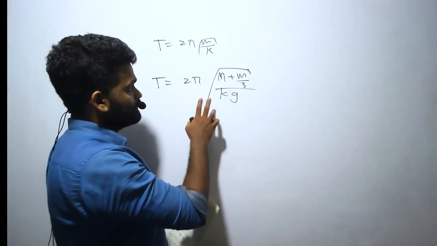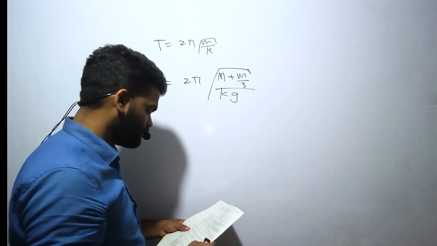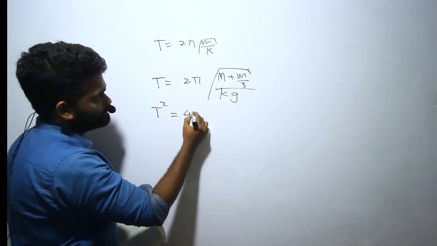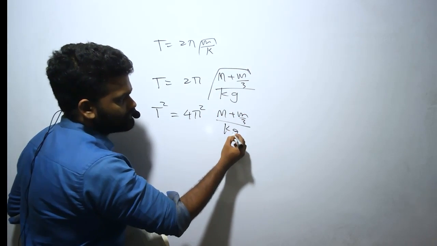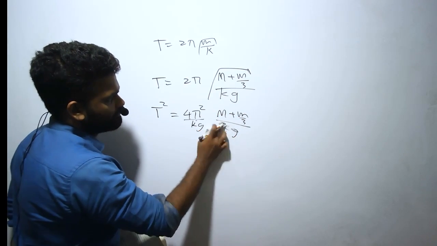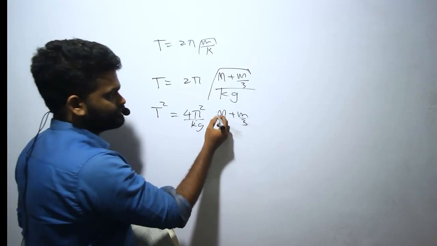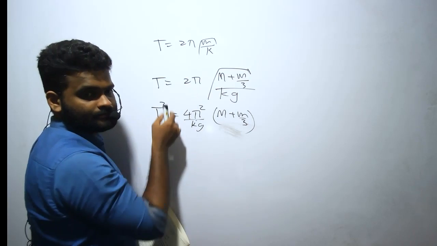Then all you have to do is arrange this in order to draw a graph. So what do we do? You make it squared. T squared, m plus divided by kg. Put kg here. You square this and put the kg here.